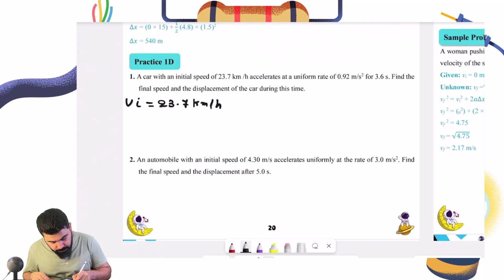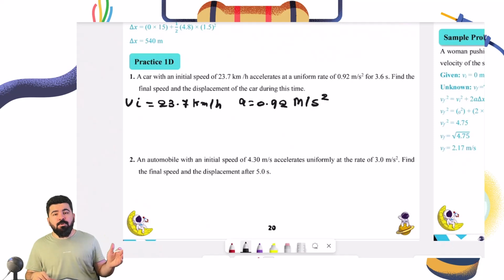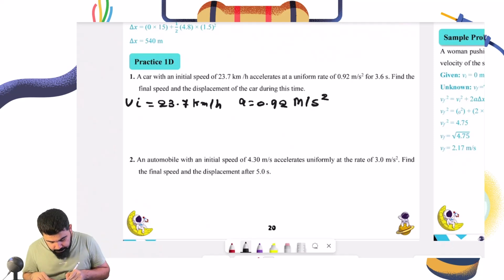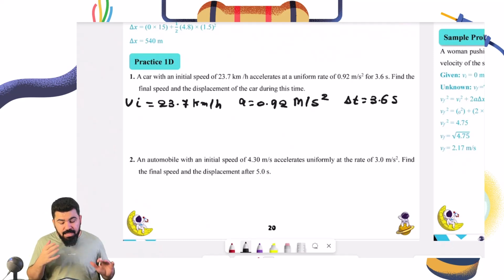So acceleration is equal to 0.92 meter per second squared, for 3.6 seconds.